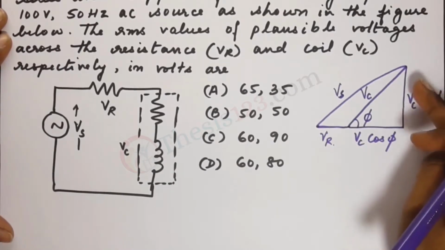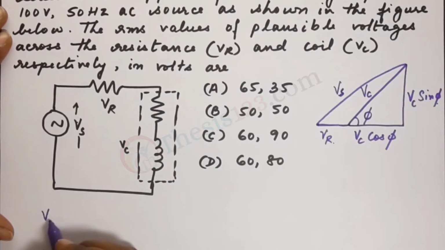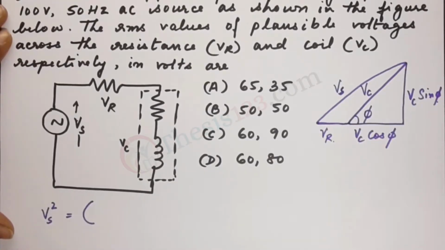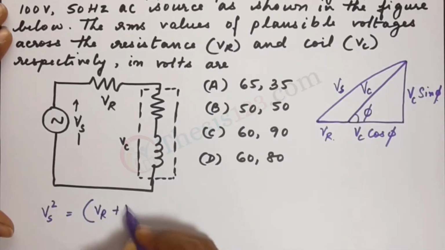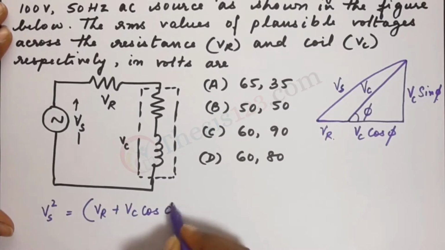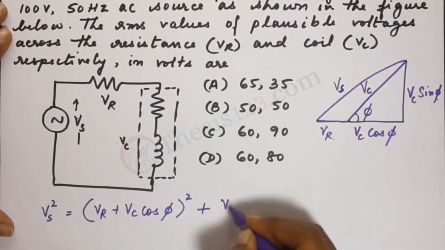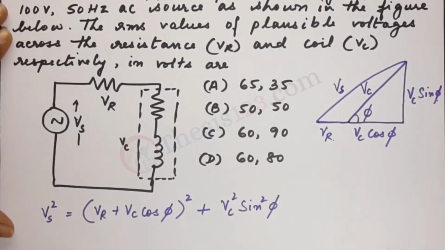Let's take the entire triangle. We use Pythagoras theorem. Vs square is equal to the sum of these two. So we have VR plus VC cos phi whole square plus this component here, VC square sin square phi.